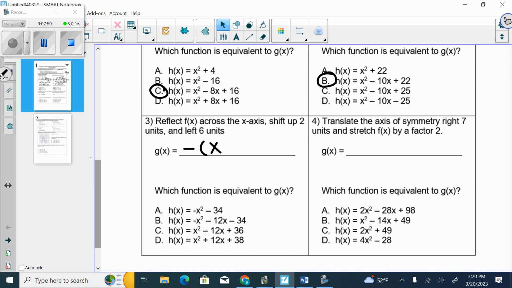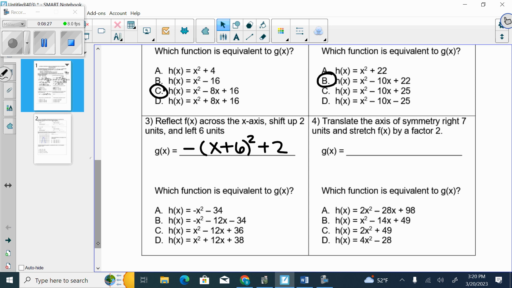Which way did it say it went? Left. So I'm going to put x plus or minus? Plus 6, right? Then we put our square out there. And did it say it went up or down any? Up 2, so what am I going to put? Plus 2, very good.